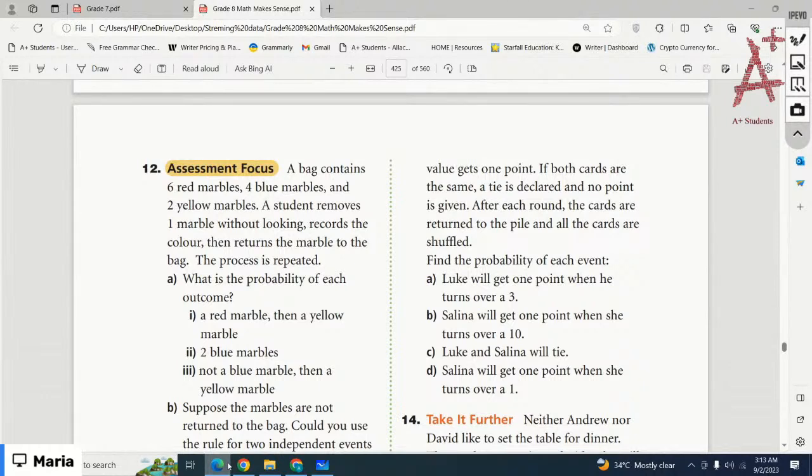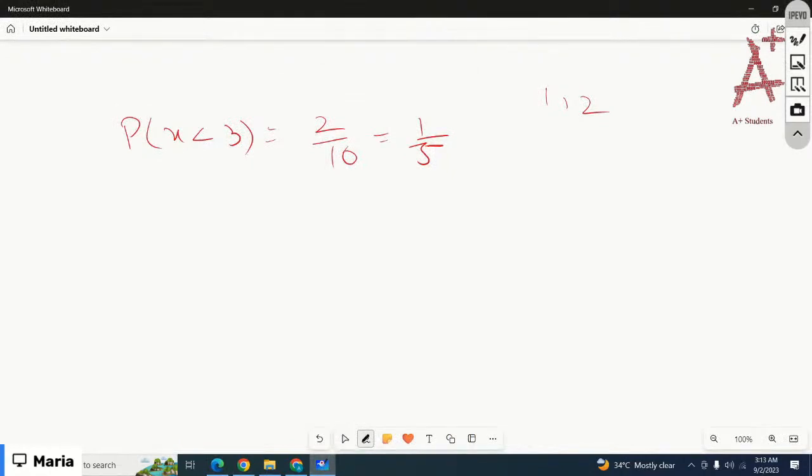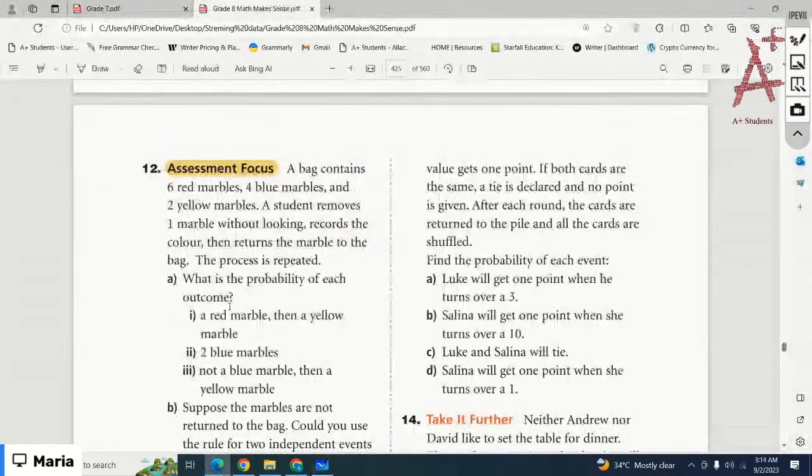So in the B part, you have to calculate the probability of x less than 10. You have 9 numbers that are less than 10, so it would be 9 over 10.